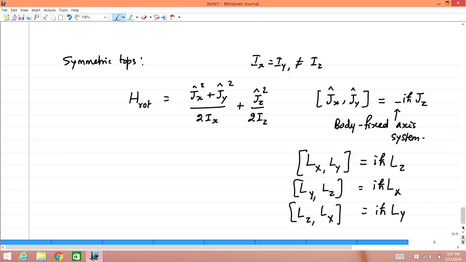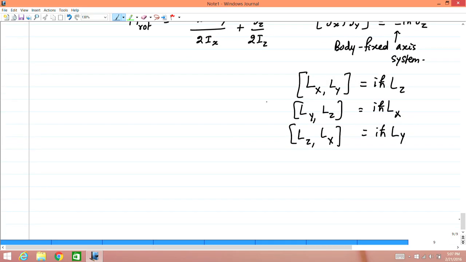Whereas for molecular spectroscopy, the components that we have here have the minus sign. They are called anomalous commutation relations.